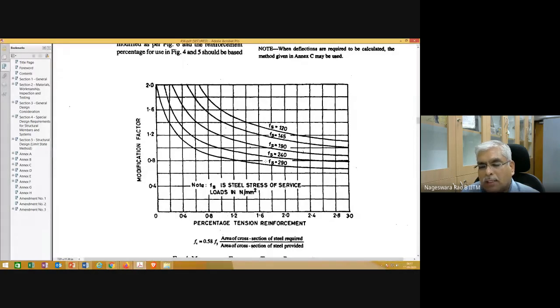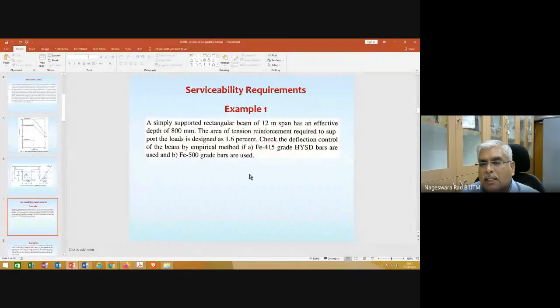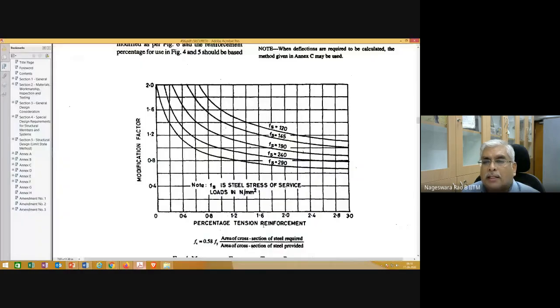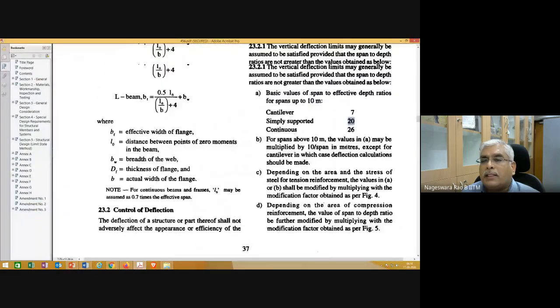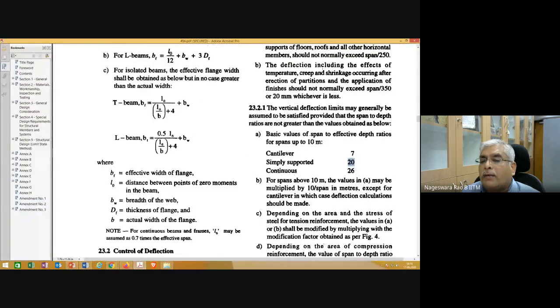Any questions here? So how we proceeded is, based on the percentage of steel and also based on the span, we read the code prescribed limit here. What is the code saying? Vertical deflection limits may generally be assumed to be satisfied provided span to depth ratios are not greater than the values given below.